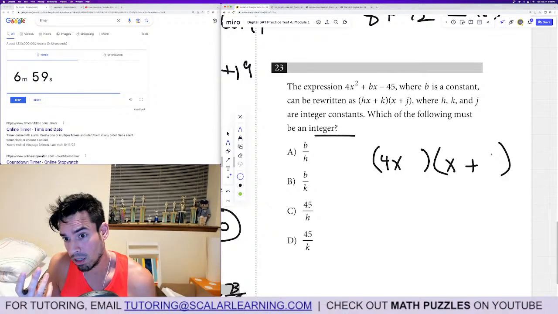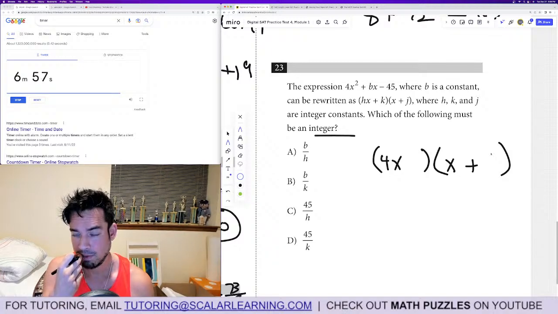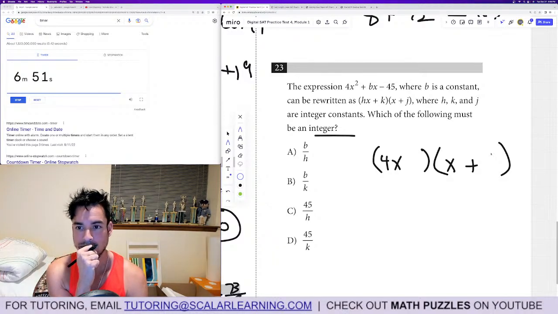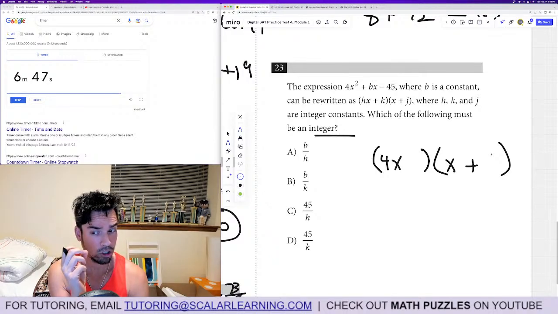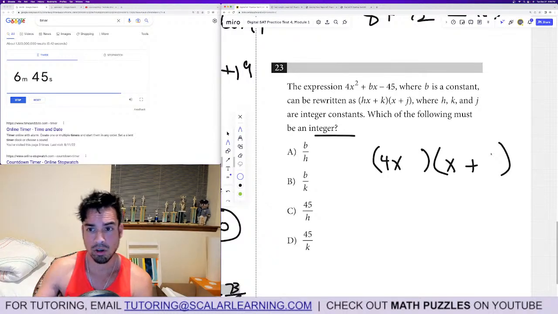We don't know if b is positive or negative. So 4x, and then we got 45, and then oh, they're all integer constants. So let's see, must be an integer.